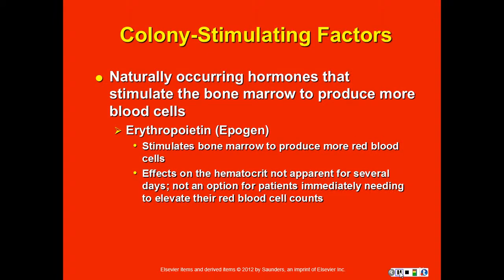So if you've got a patient who has a hemoglobin or hematocrit of 10 or whatever, you can't wait for that person to build their own red blood cells back. You have to administer cells at that time. So what kind of patients are you going to see Epogen given to?